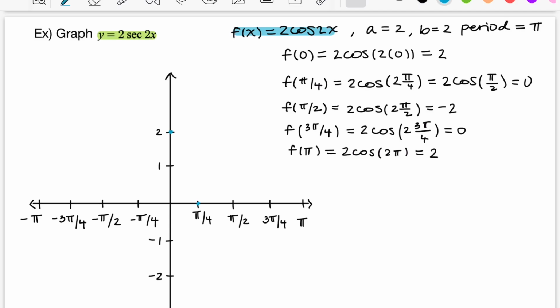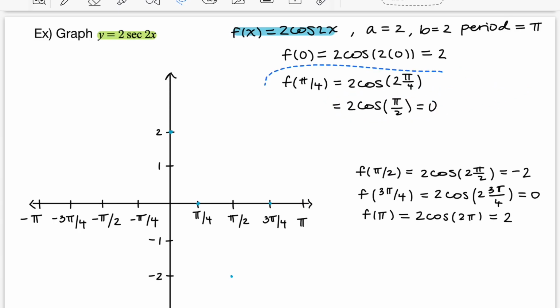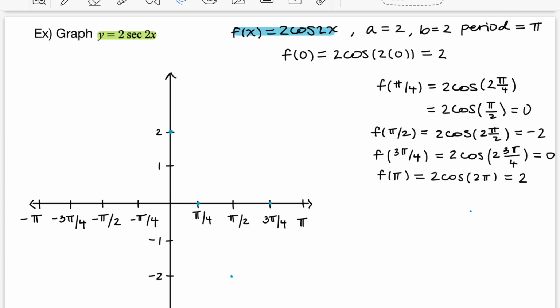So plotting these points, we have this, and I should move these out of the way so that we can graph this. So at pi we have 2.